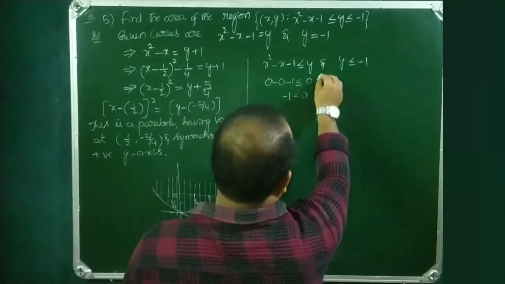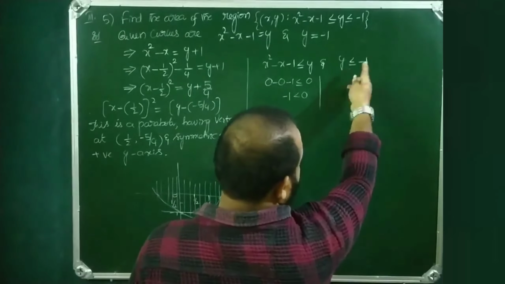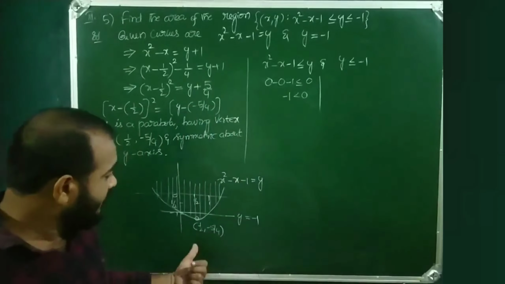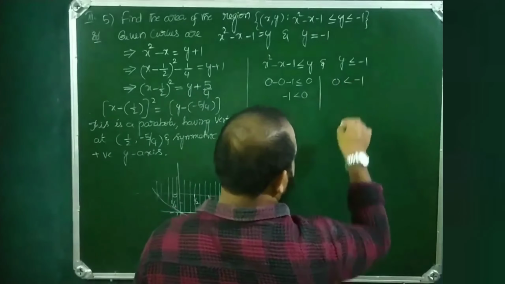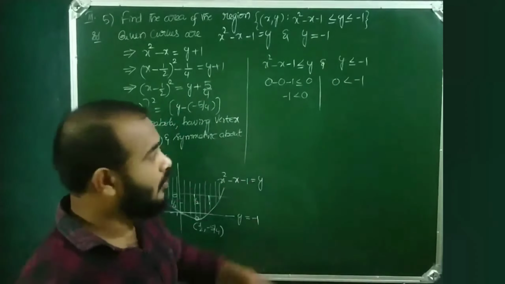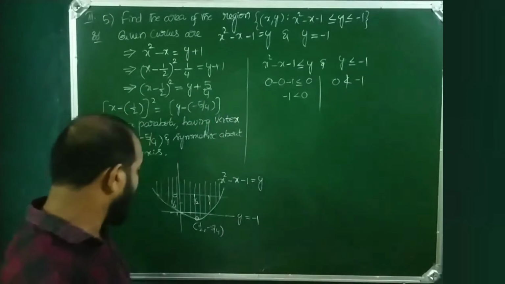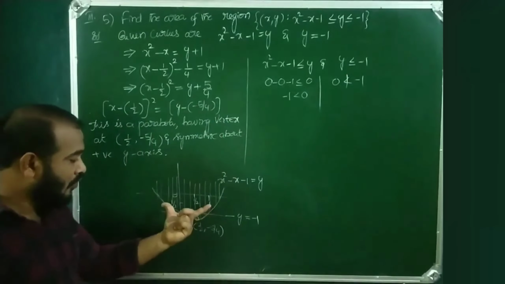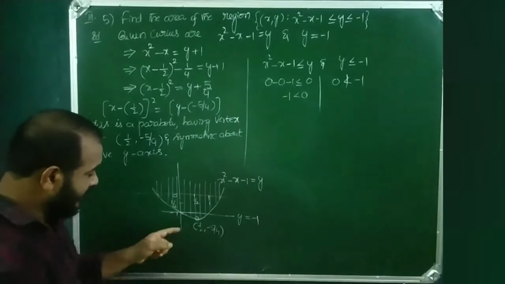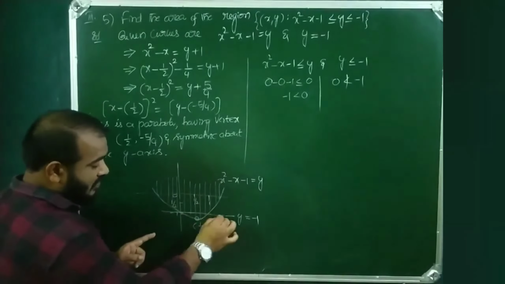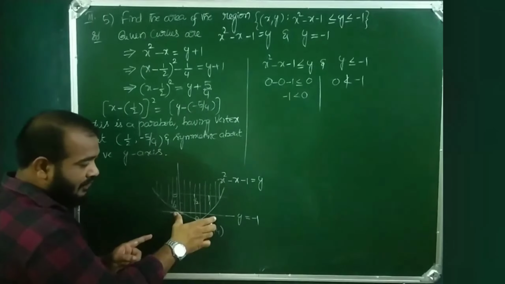And so here y less than or equals to minus 1. Again, take 0, 0. So 0 less than or equals to minus 1. How is it possible? No. Therefore, the origin does not follow this line. So this is y is equals to minus 1.